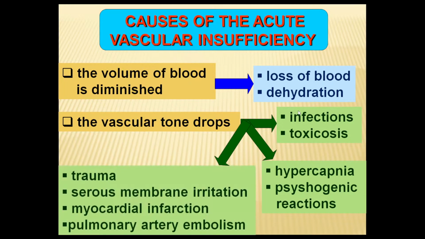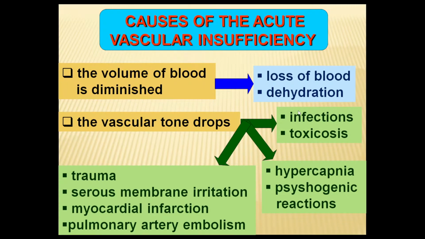Or it may be the result of some nerve reflexes after severe trauma due to increased synthesis of adrenaline, some vessels significantly narrowed, and first of all, vessels of the central nervous system, brain vessels. It may be due to irritation of serous membrane of the vessels.